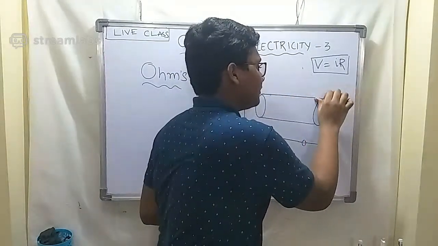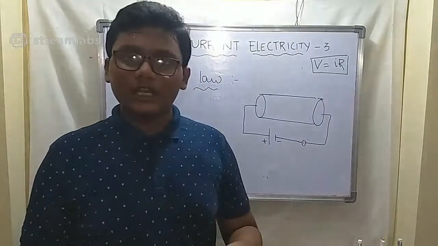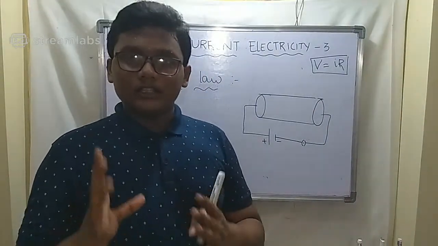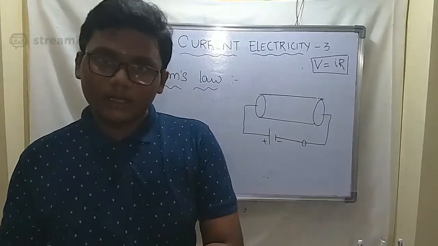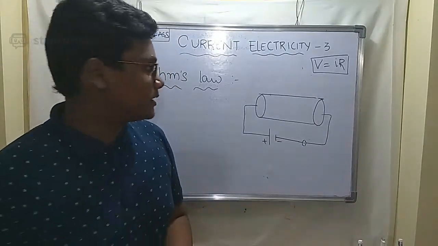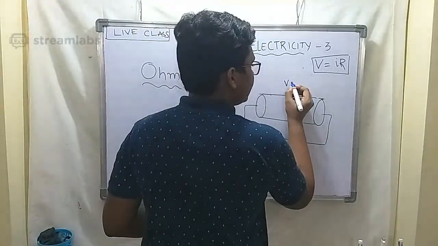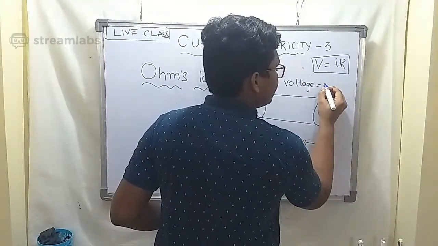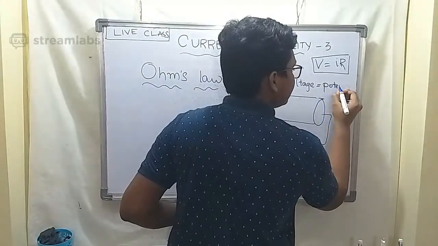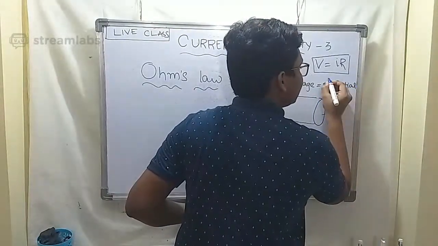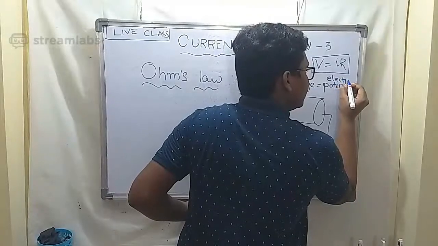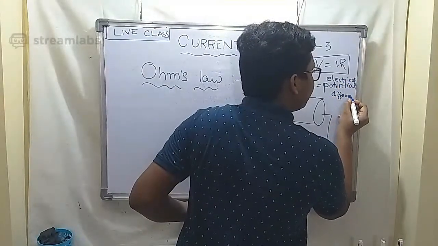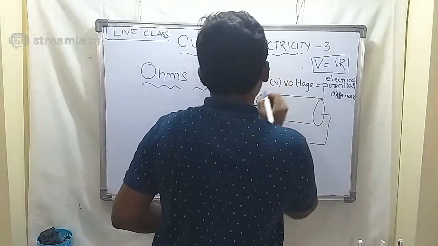We'll talk about electric potential in the chapter on electrostatics, in the next chapters. Keep in mind that voltage is the potential difference, denoted by V.